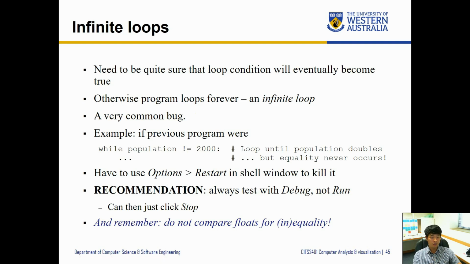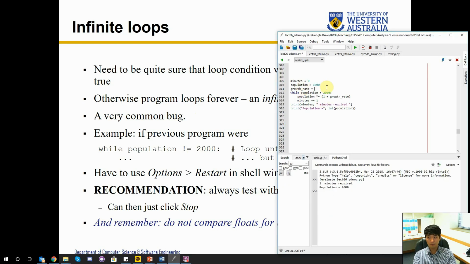Well, if you looked at our output before and run it again, the population reaches 2,143, and before that, it's probably something like 1,000 something, right? So in that sense, the population value will actually not end up being 2,000 to terminate.